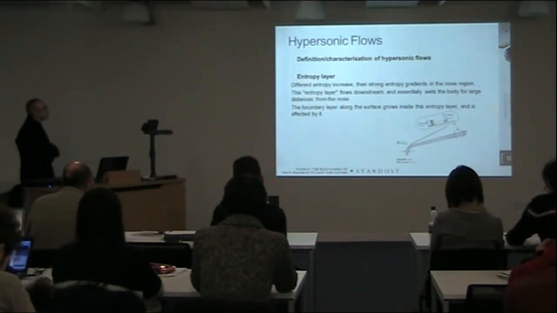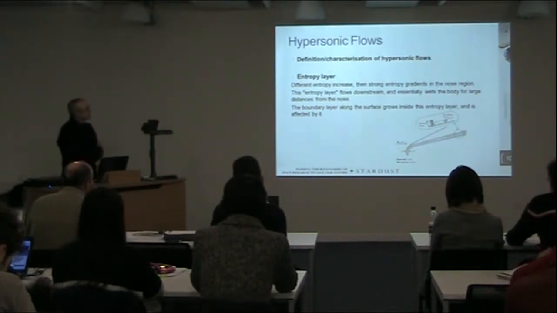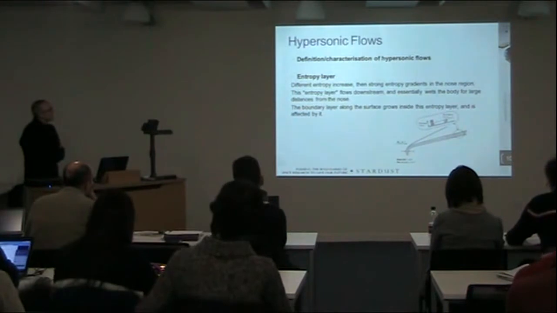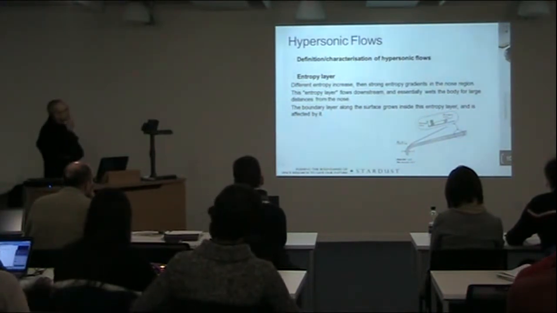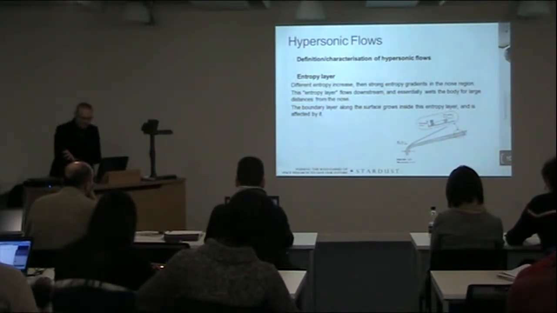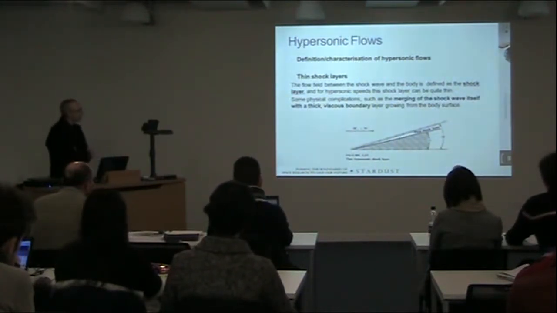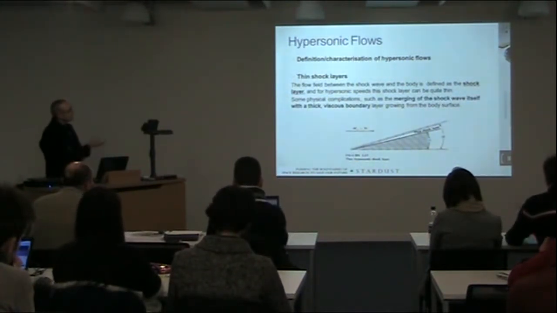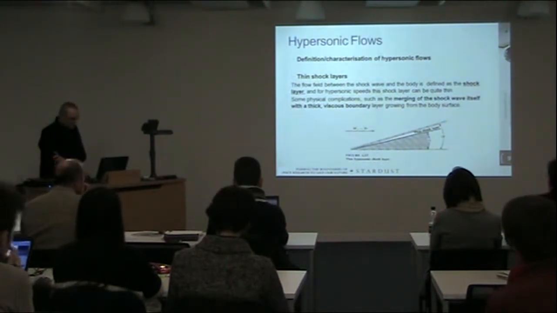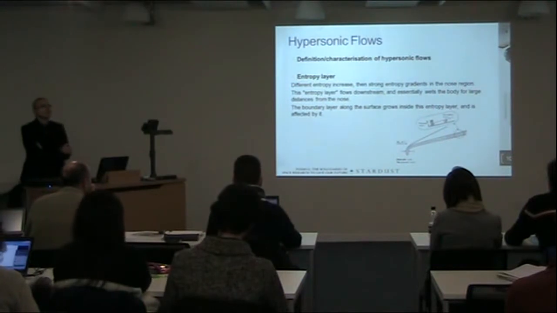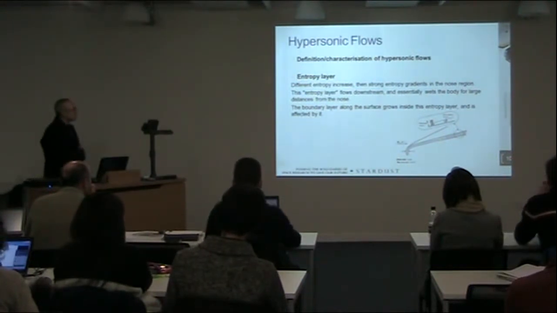Another thing that is peculiar to hypersonic flows is, for example, in the case of a blunt body. In the previous case we had a very sharp nose. Here we have a blunt body, so round with a finite radius at the nose.